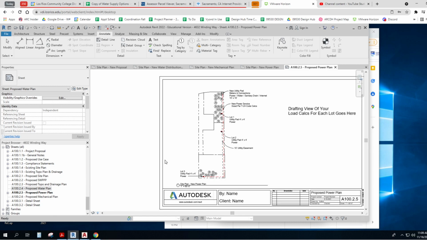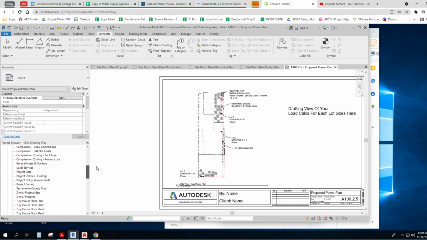So I made some new floor plans because I see down here that I need a proposed water plan, power plan, and mechanical plan. And so we're going to focus today on the proposed power plan.